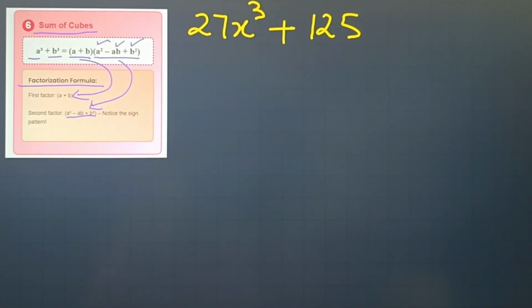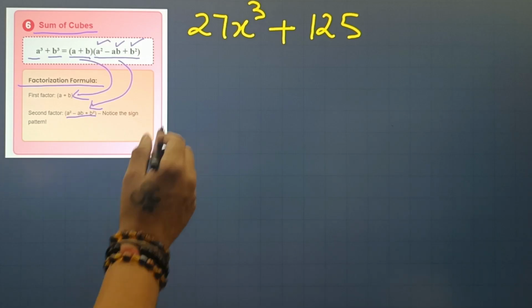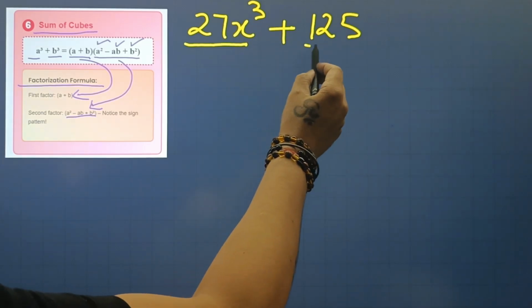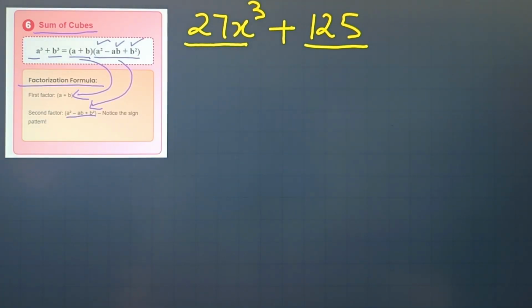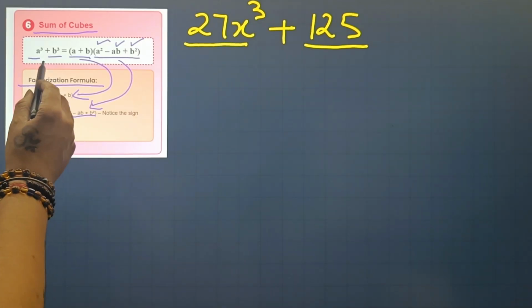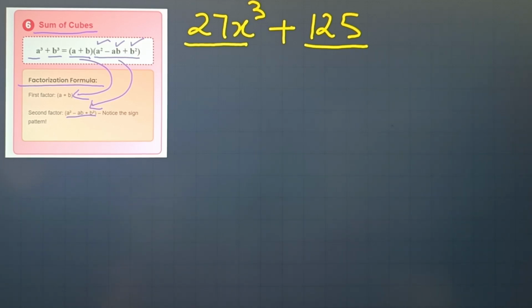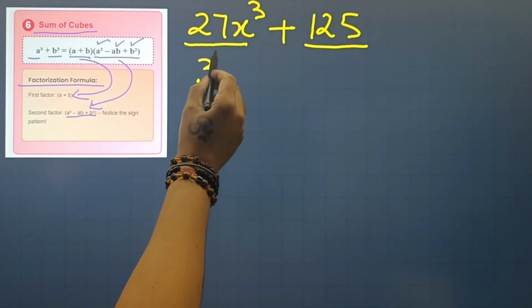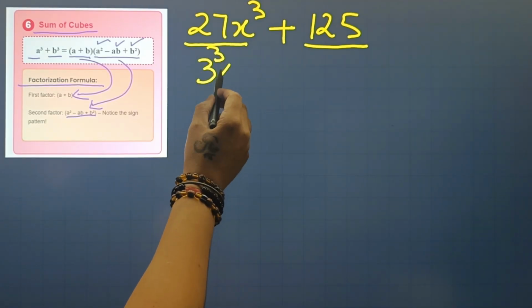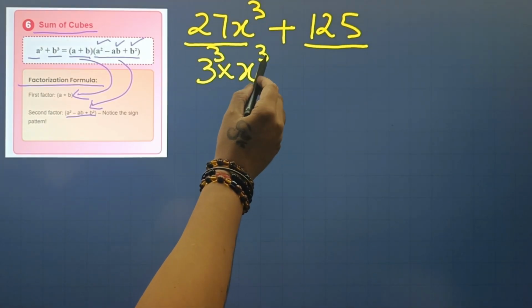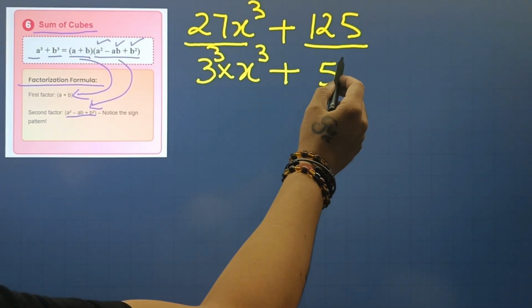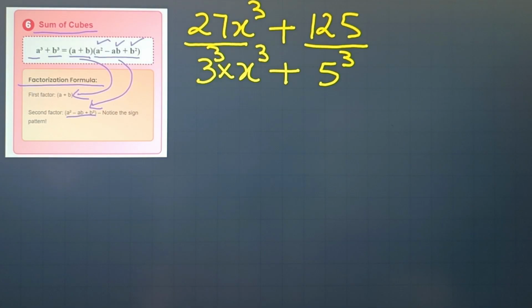So students, here we have our example. This is 27x raised to the power 3 plus 125. Now let's understand how we are going to use our identity here. We can write 27 as 3 raised to the power 3 into x raised to the power 3, plus 125 can be written as 5 raised to the power 3.